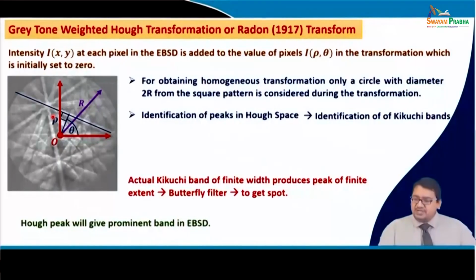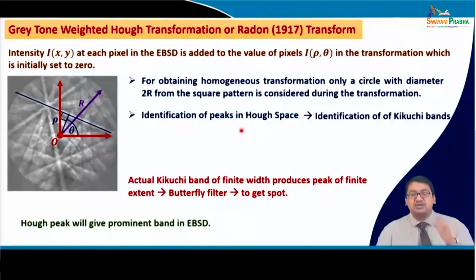So, for obtaining homogeneous transformation, very important thing, as I said in the previous slides also, first a circle with a certain diameter is taken from the rectangular pattern that is obtained, means rectangular Kikuchi pattern that is obtained for this Hough transformation technique, right.